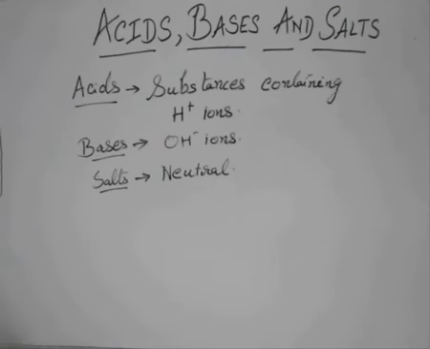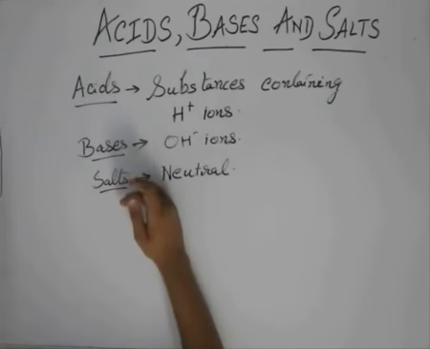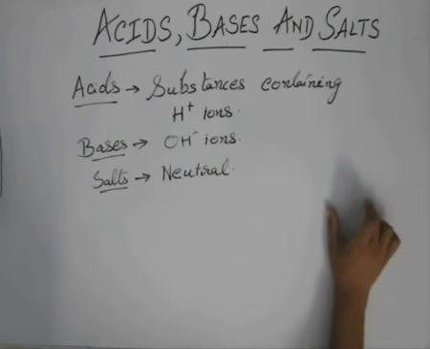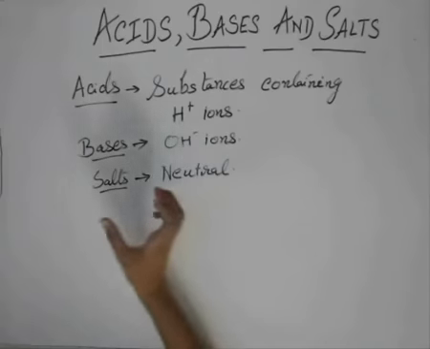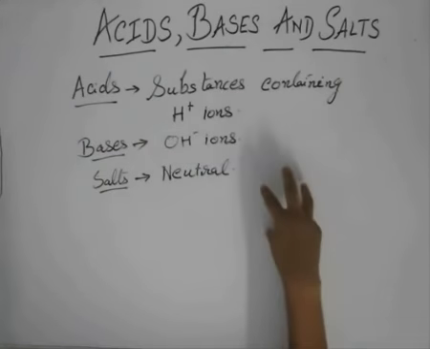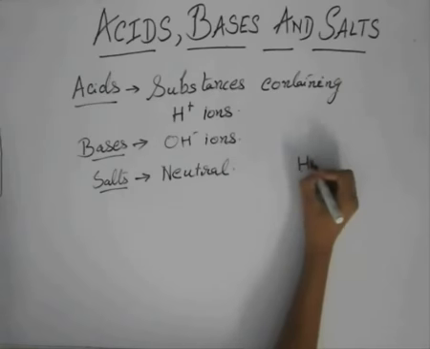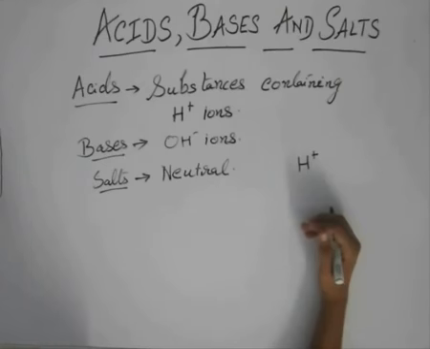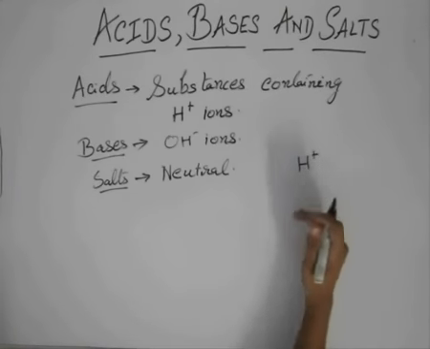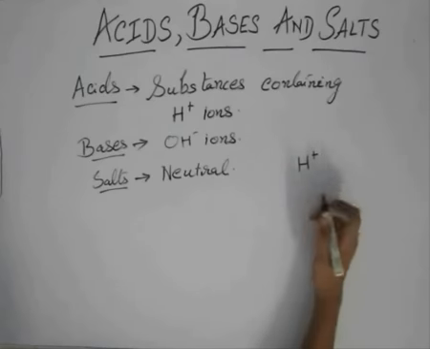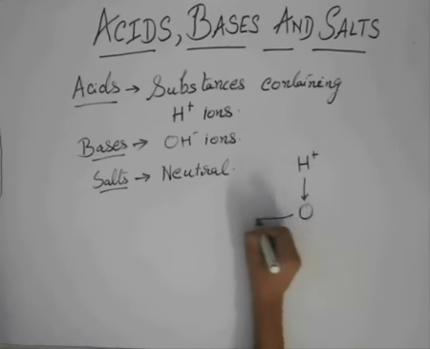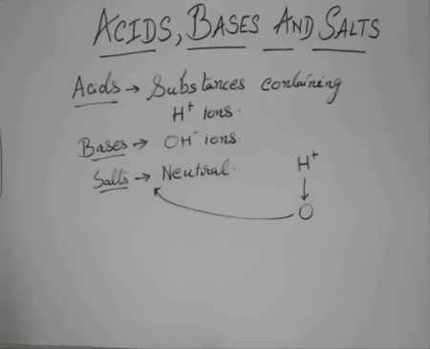Now acids, bases and salts, they are like a transition from each other. Suppose you have H plus ions and you start decreasing the number of H plus ions. Then what will you get? Lesser number of H plus ions, and a point will come when the number of H plus ions will become 0, and when this becomes 0 it becomes a salt.